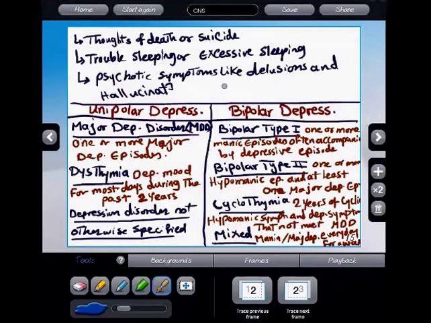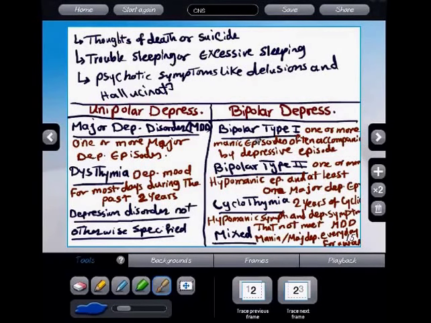Psychotic symptoms like delusions and hallucinations. And if we need to classify depression into the major types, there is unipolar depression, which may be major depressive disorder, maybe dysthymia, or depressive disorder not otherwise specified, and the bipolar depression, which is bipolar type 1 or bipolar type 2, which is combined by attacks of mania.